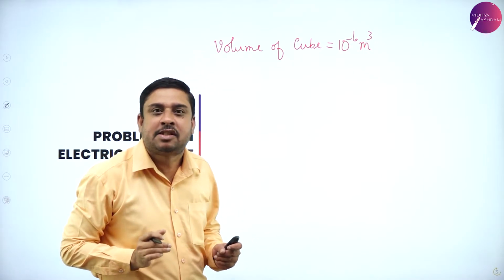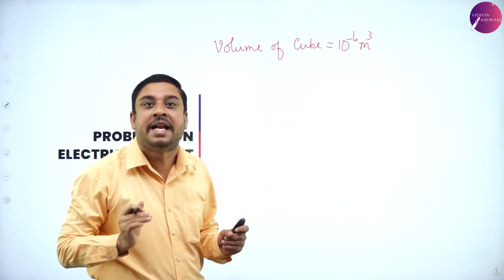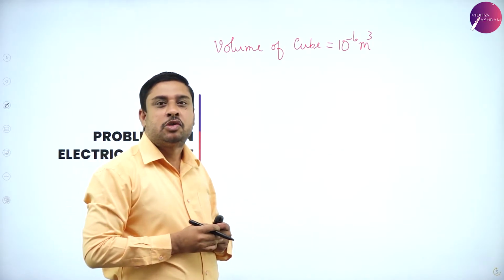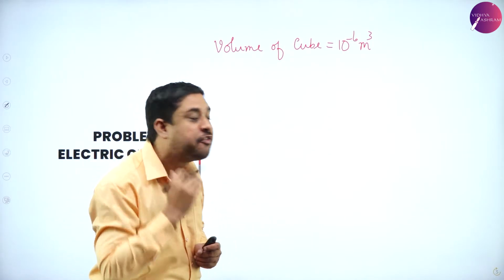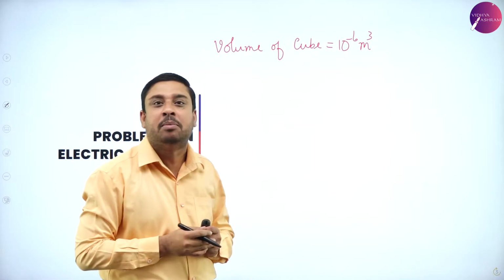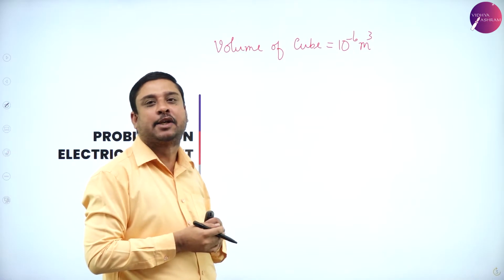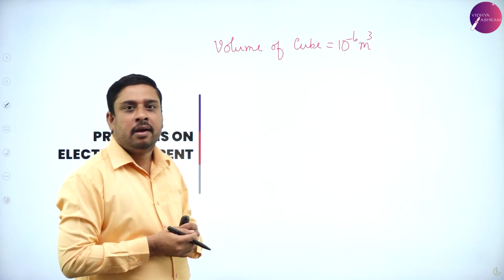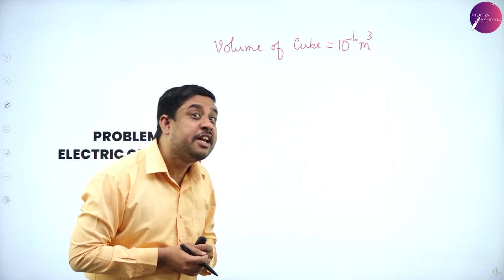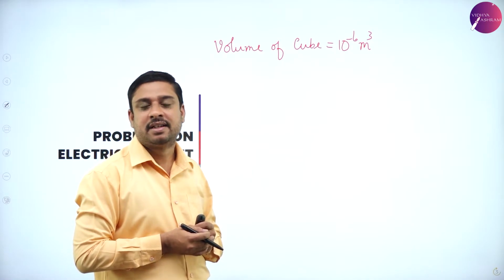The side is 0.01 meter, so the volume of the cube becomes 10 power minus 6 meter cube. Now, what is this modified as?